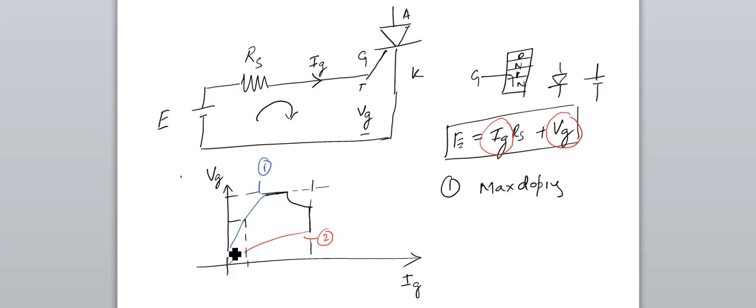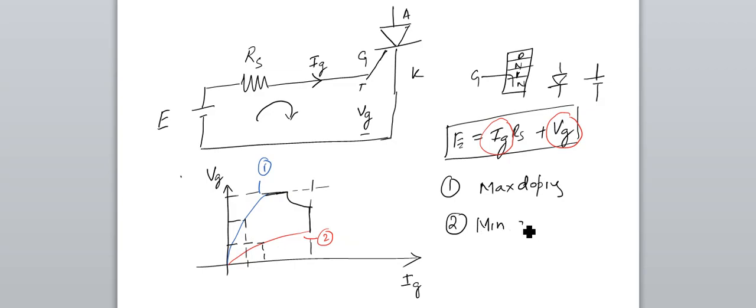Now if you see graph number 2, you require more current but generate very little voltage. This is when your SCR has minimum doping.